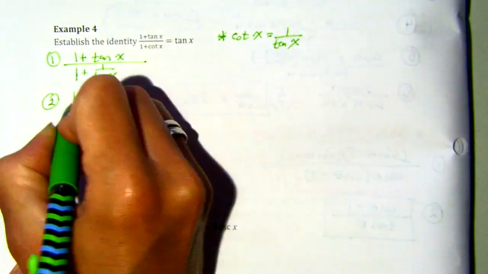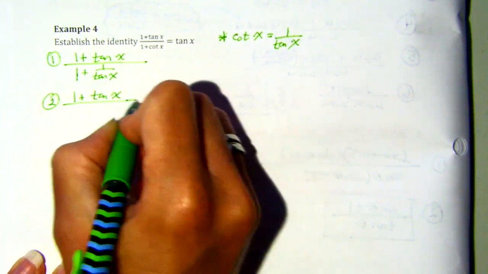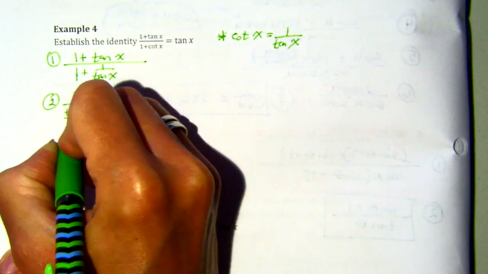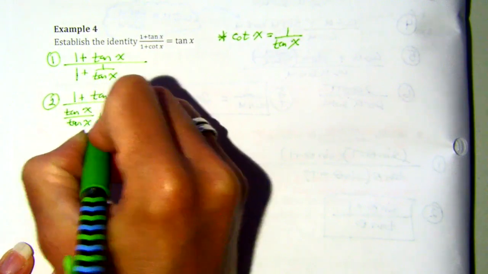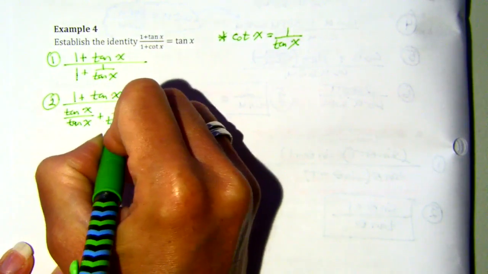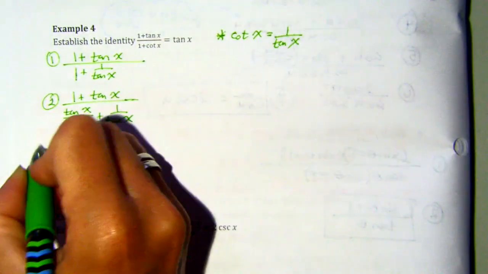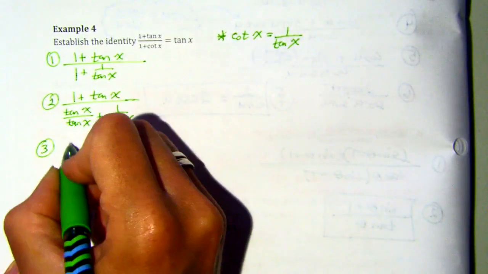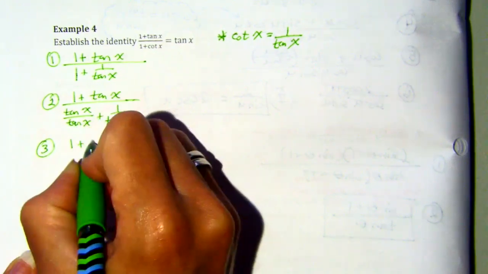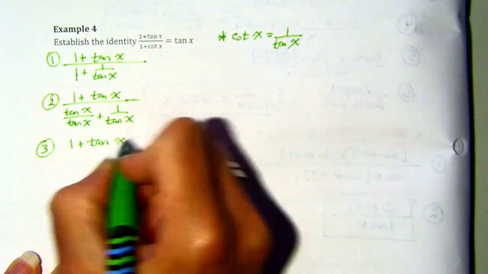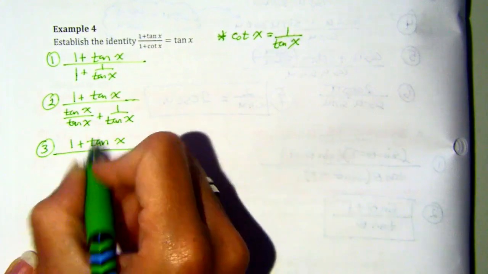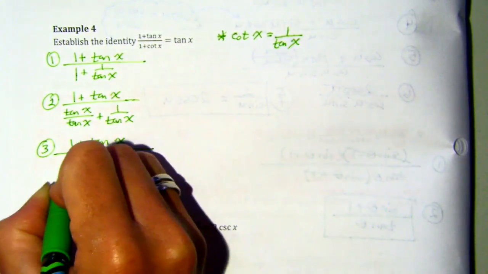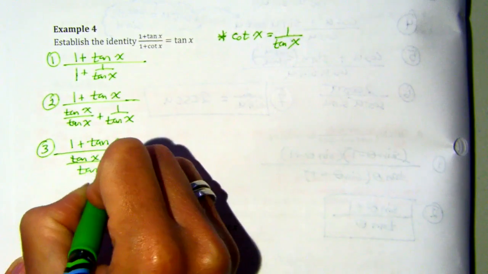The numerator will stay the same, so in the denominator we're going to change this to tangent of x over tangent of x plus 1 over the tangent of x. When we add, we add straight across. So our numerator stays the same, 1 plus the tangent of x, and our denominator becomes the tangent of x plus 1 divided by the tangent of x.